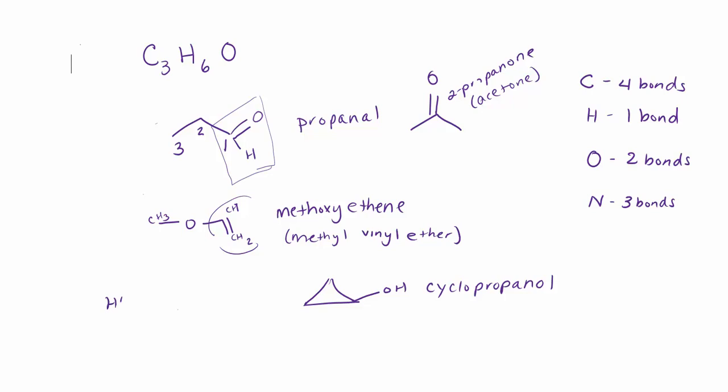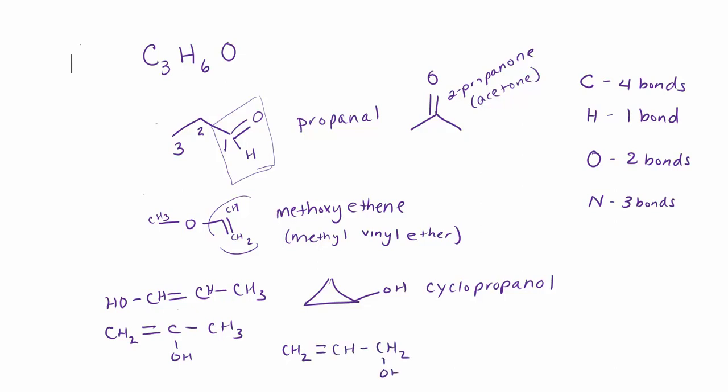Just to try to get through these a little bit faster. We have this compound, and I can move the OH to any of these carbons. And all 3 of these are different compounds.